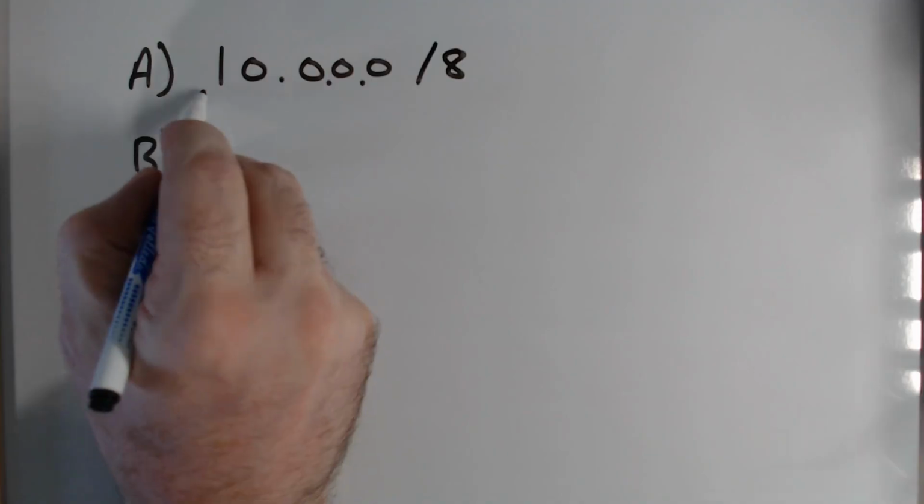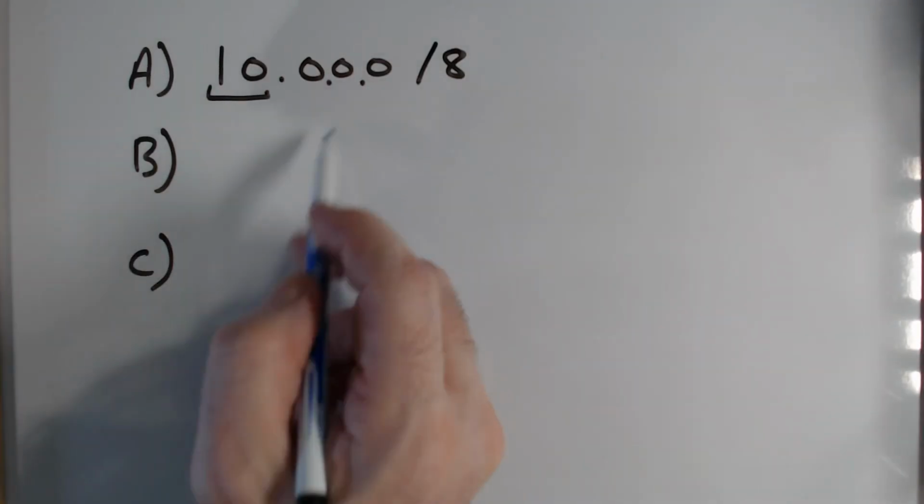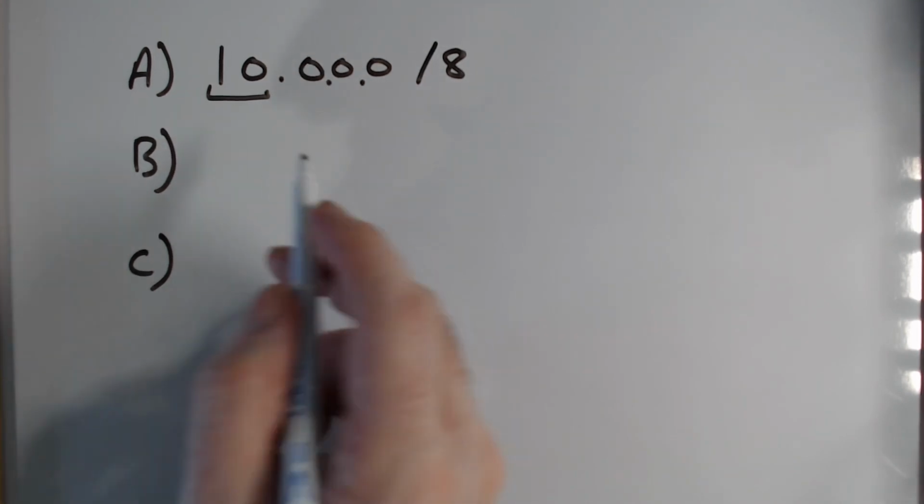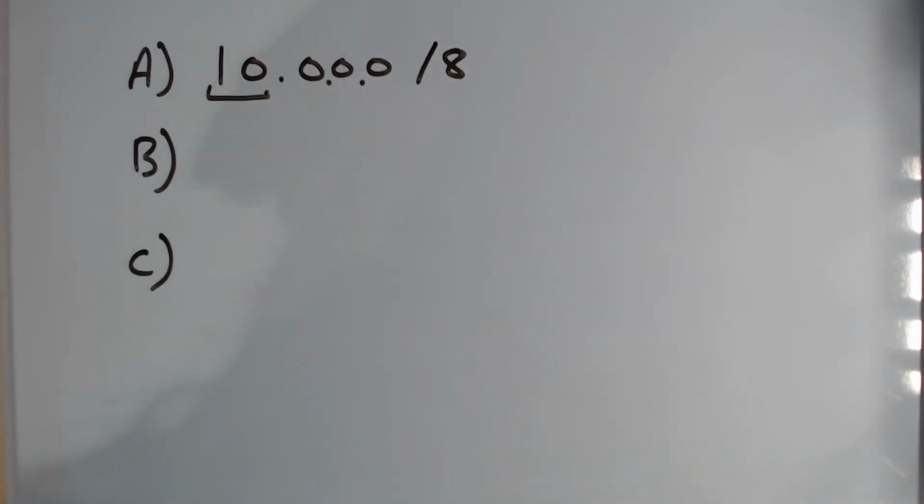Anything that starts with a 10, the other numbers can be any numbers you like. Obviously they can't go higher than 255. That is a Class A address.